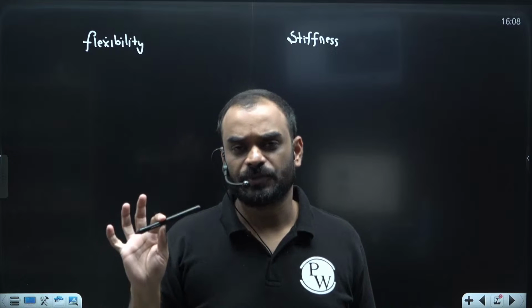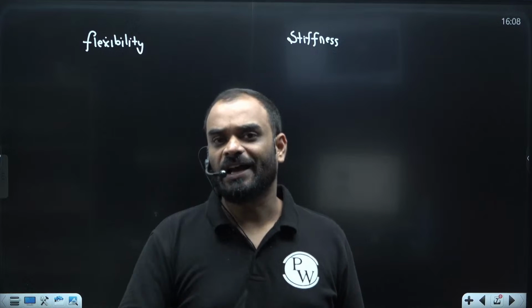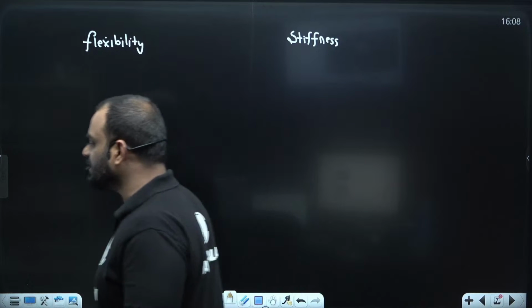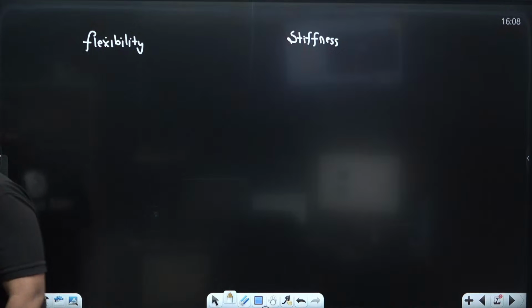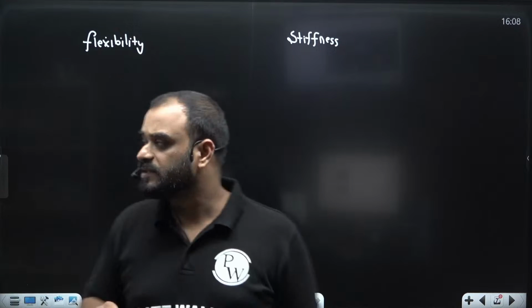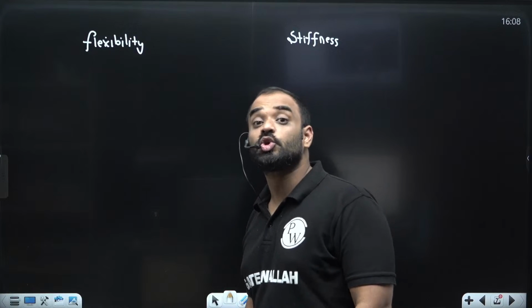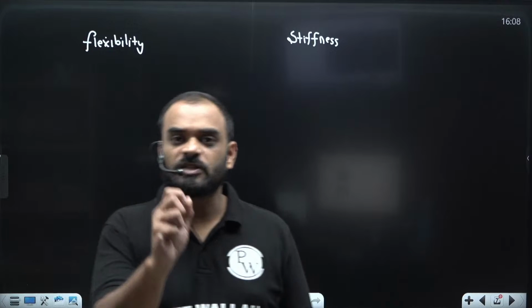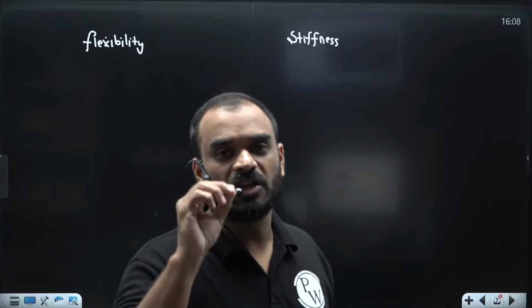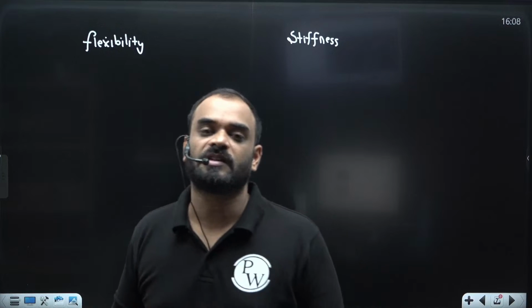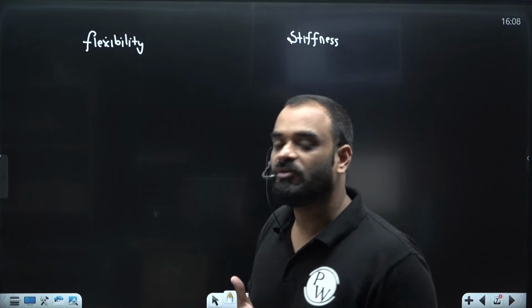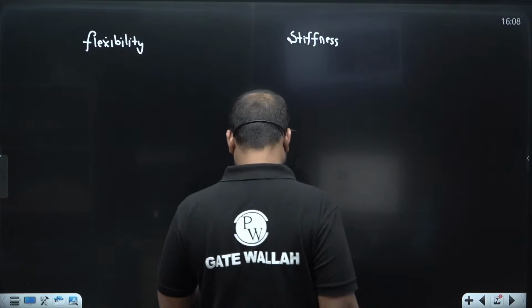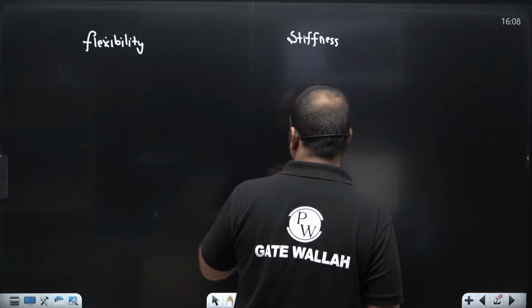So can I say that this will have more displacement per unit force, and this will have less displacement per unit force, correct? So flexibility is nothing but the displacement caused by unit force. How much displacement you can cause by giving a unit force in a structure, that is basically flexibility. So guys, this is our first terminology which I want to explain.